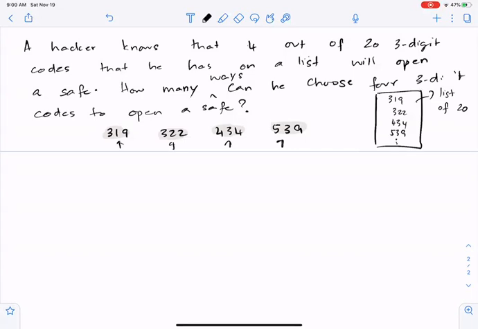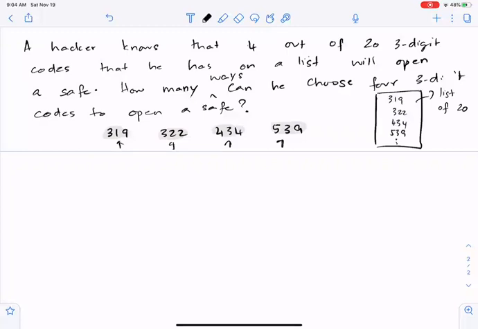Mind you, here, whether he chose 319 followed by 320, then 434, then 529, makes no difference when compared to picking 322, 434, 539, 319. So order doesn't matter. All you have to do is identify N and identify R, and this is a combination problem.